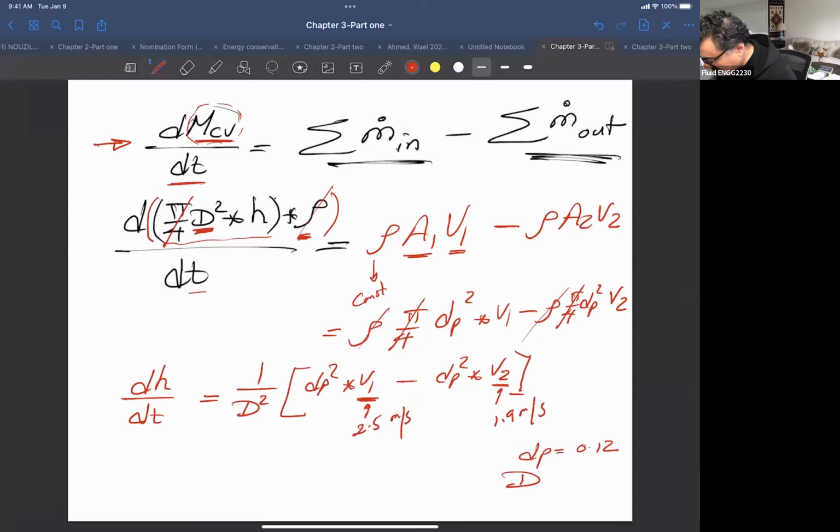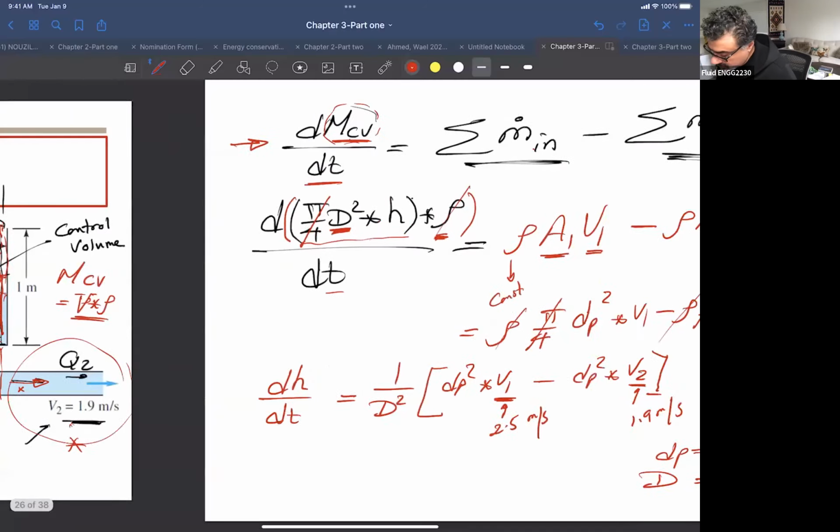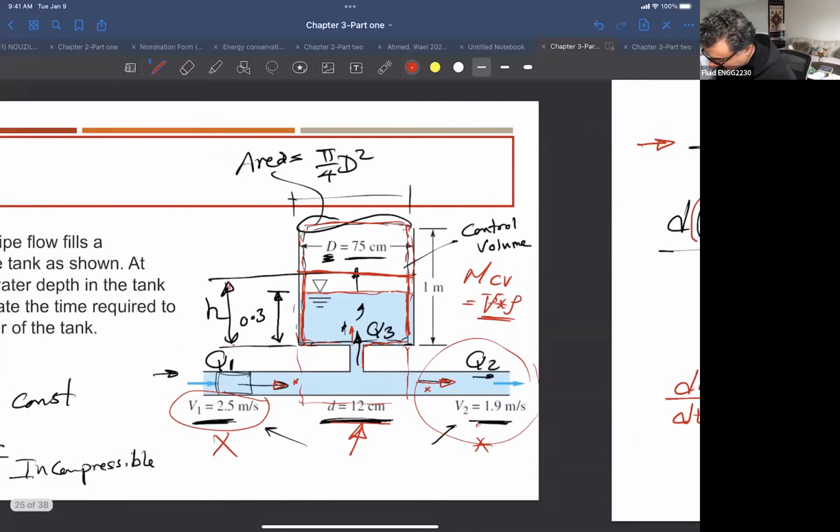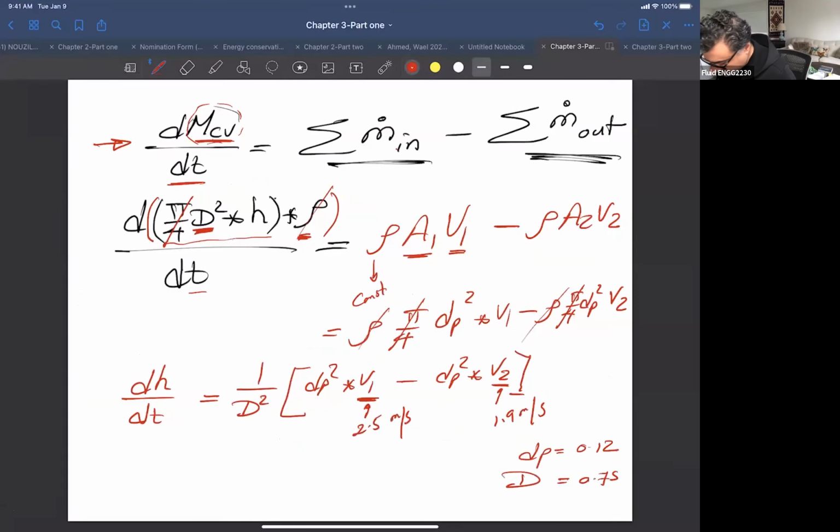The diameter of the tank is 75 centimeters, so 0.75. It looks like all this part can be calculated. So this is calculated as 0.0153. This is equal to dH by dt. So I have the variation of the level with respect to the time equal to that, right?